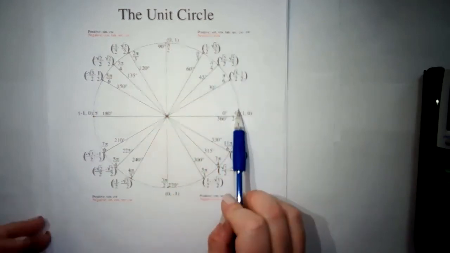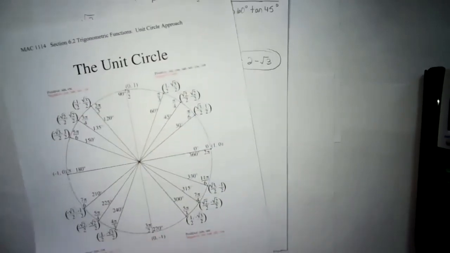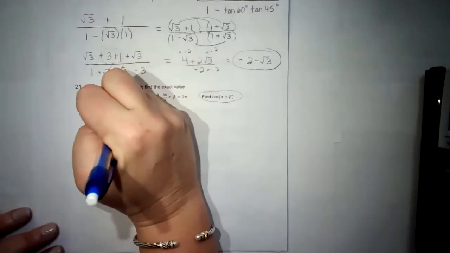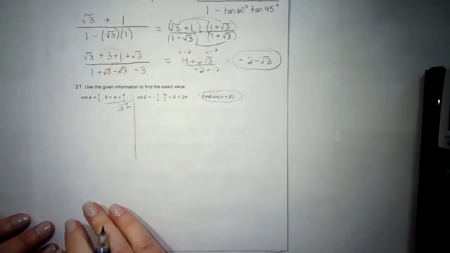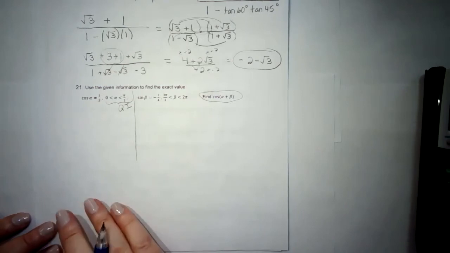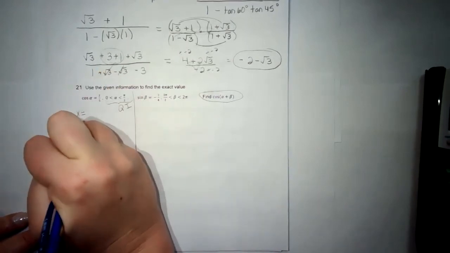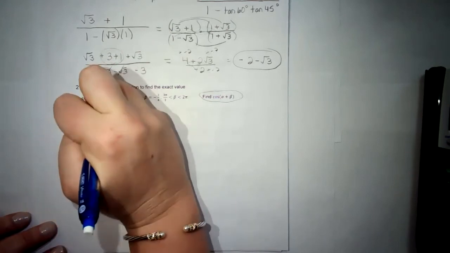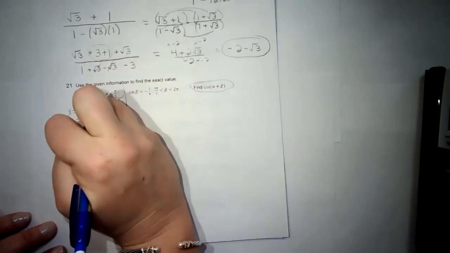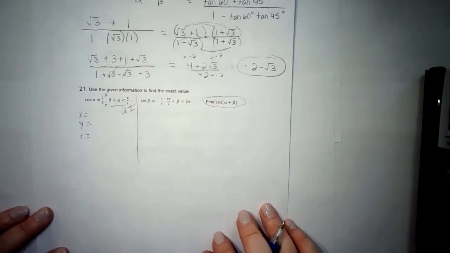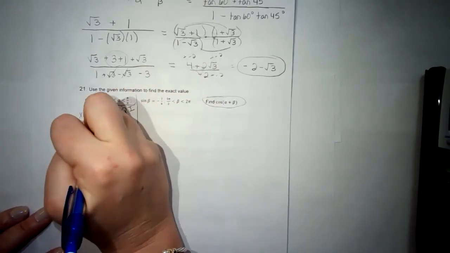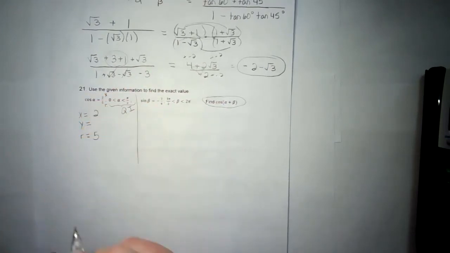So alpha is in quadrant 1. Okay, that's going to tell us that x and y are both going to be positive. Okay, so they gave us cosine, which means they gave us x and they gave us r. Okay, so we already know x is 2 and we know r is 5.